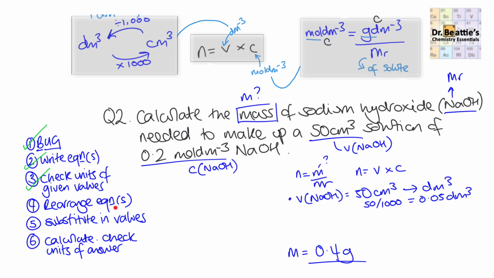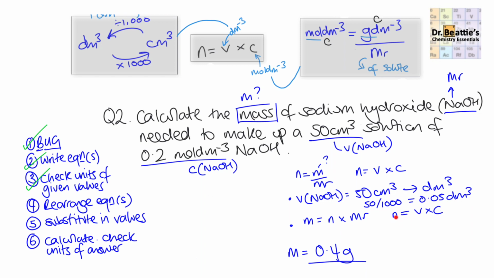Now, step 4 requires you to rearrange any equations that you're given. So we've got these 2 equations here. We want to get mass as our term. Take the molecular mass over, it's N times MR. Now we don't have N, so we're going to have to use the volume that's given and the concentration that's given here.